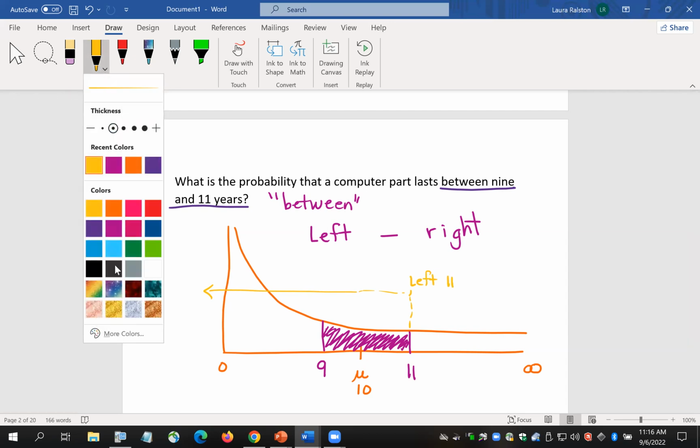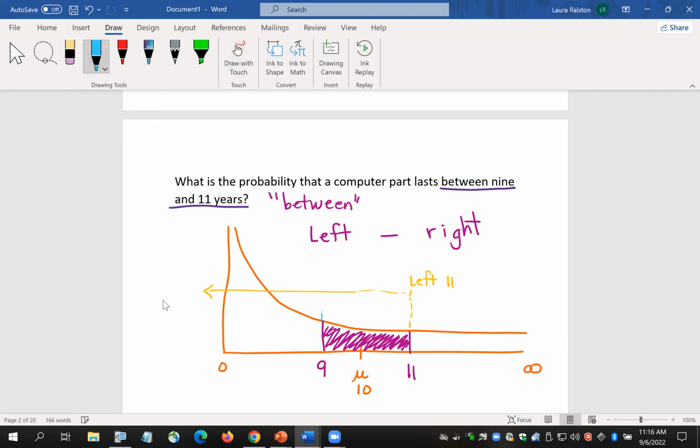And then I calculate the area to the right of 9, and I subtract them. What's going to be left is the overlap, which is the region that I want.